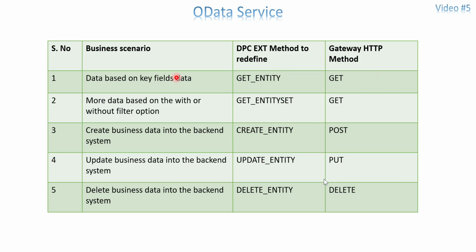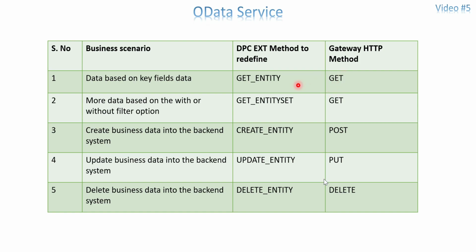And option number two, more data with or without a filter option, meaning I'm not sending any key field value, so I want more data from a database table. For that, in DPC, we're going to use get entity set, and the same HTTP method is going to call GET.